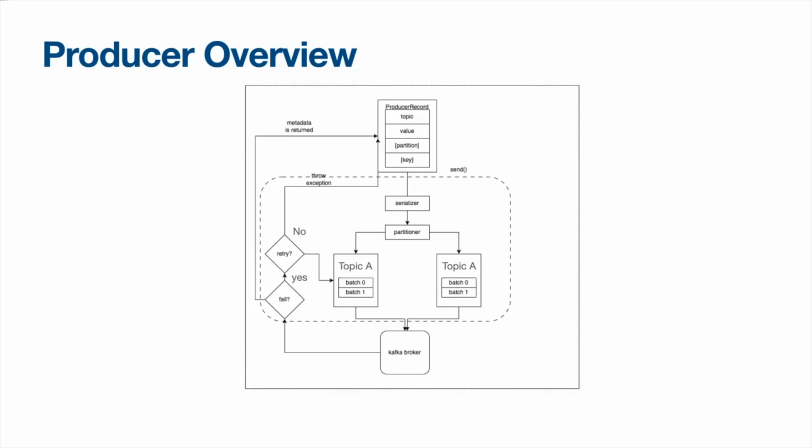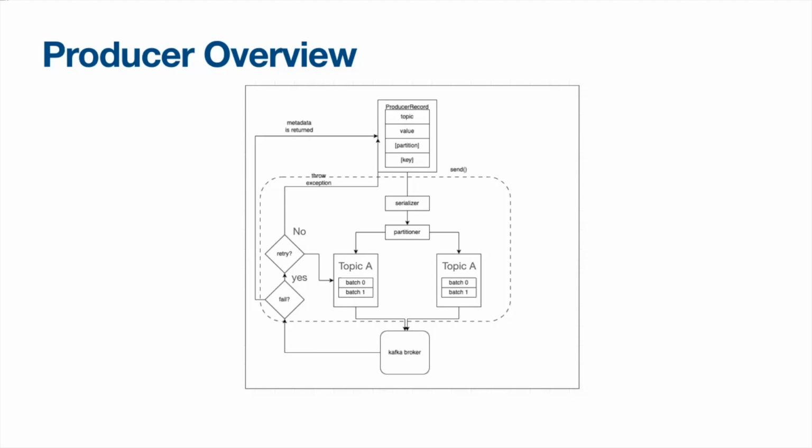A callback function basically calls another function within a function. So once you send your producer record, this callback function will wait for a future object to be returned by your Kafka broker.